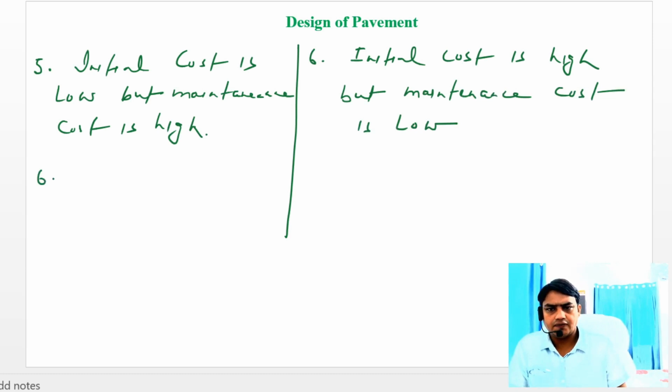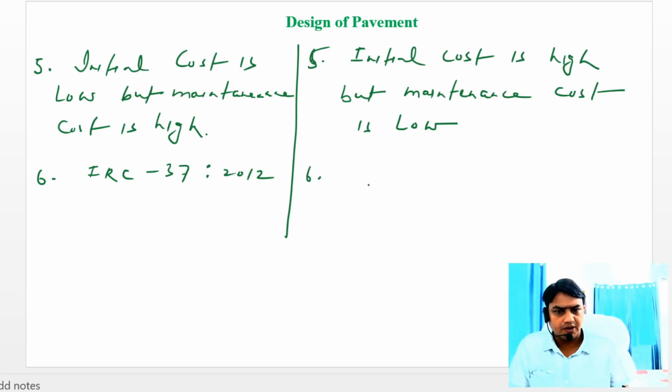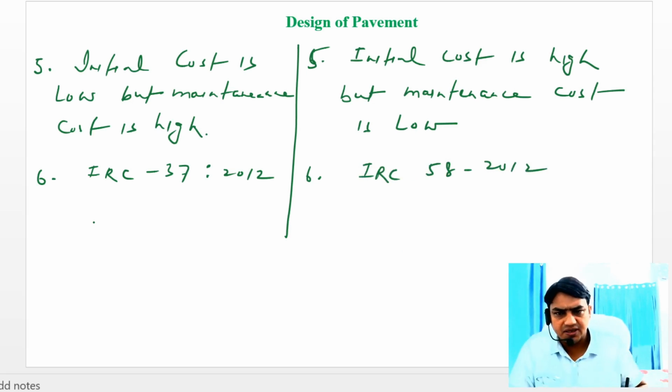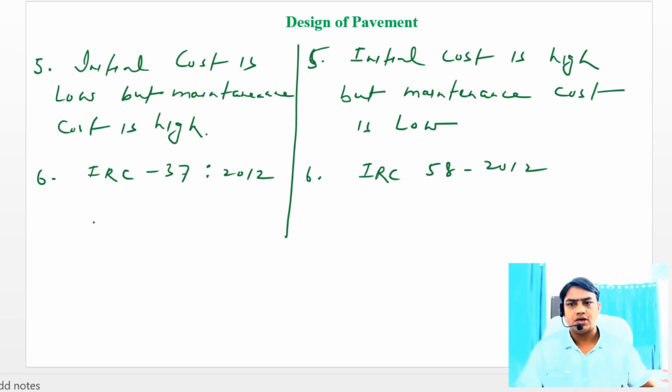For the design of flexible pavement, generally we use IRC 37 2012. Sorry, it is 586. But for the design of rigid pavement, we use IRC 58 2012. So these are the major differences between the flexible pavement and rigid pavement.